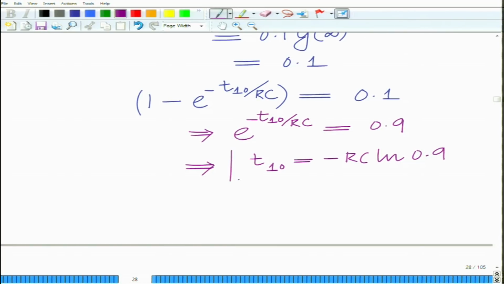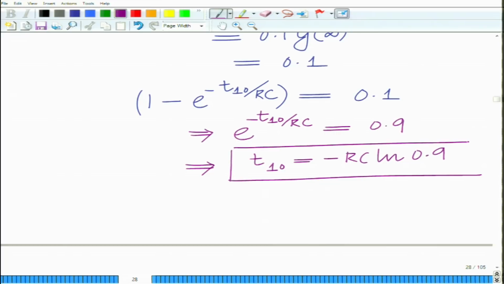So, this is your time taken for 10% of the final value.